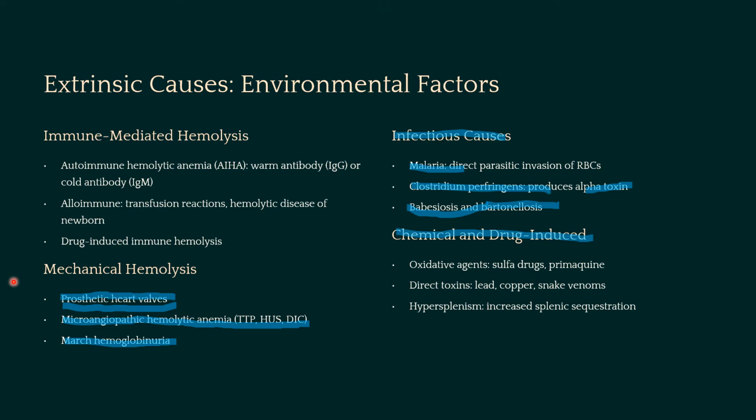Then mechanical hemolysis, where a prosthetic heart valve is used, or microangiopathic hemolytic problems or hemoglobinuria are there. Infectious causes, first of all malaria and other toxins which directly affect the RBC, and chemical or drug induced. There are different types of drugs which are not supportive for the RBC that can also cause hemolytic anemia.